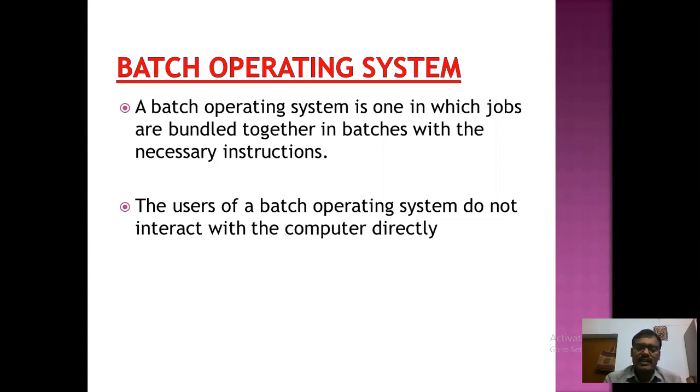We make a bundle of jobs, these jobs are set in the form of batches, and these batches are given to the computer for processing. The user of the batch operating system cannot interact with the computer directly.